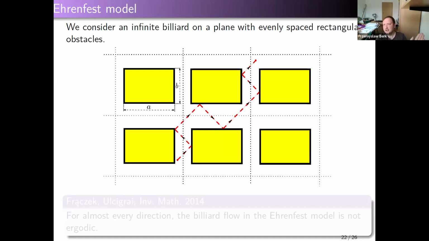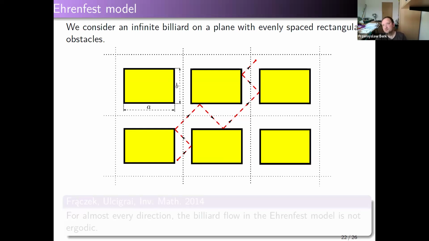So we have this periodic set of obstacles, and you play billiard. You do exactly the same thing, you abide by the rules of the angle of reflection being equal to the angle of incidence. You've got 4 directions, and you can unfold this infinite picture. I don't have a picture for that now, but we can think of it. You have some gluings as well, infinitely many gluings, but still, everything's nice.